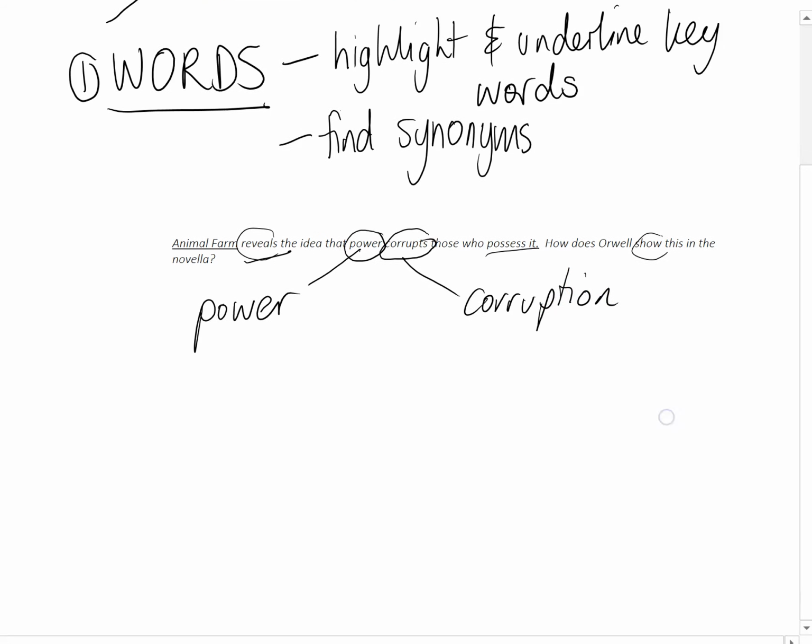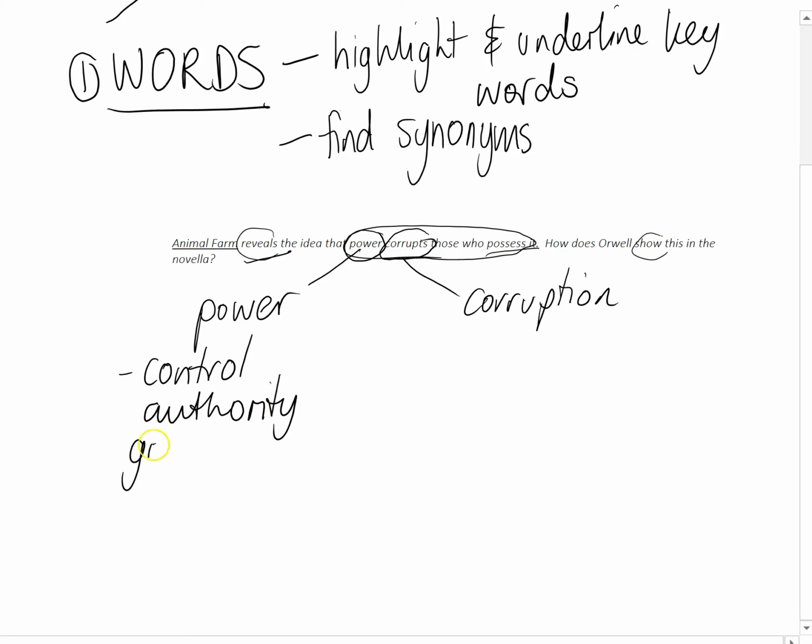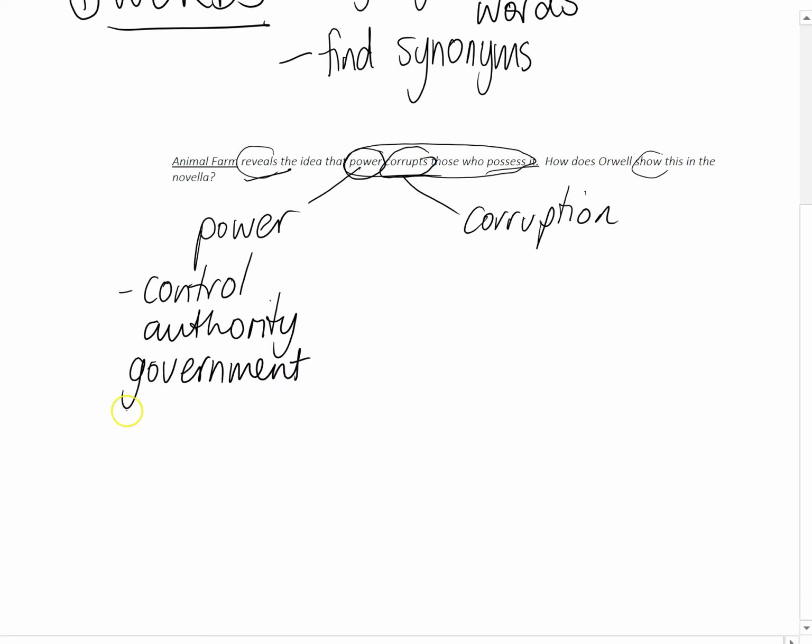And so I might even look at those who possess power, and I might even try and rephrase that as one item. But for power, we might look at control, we might look at authority, we could look at governments. And then let's start thinking about people in power or people who possess power.